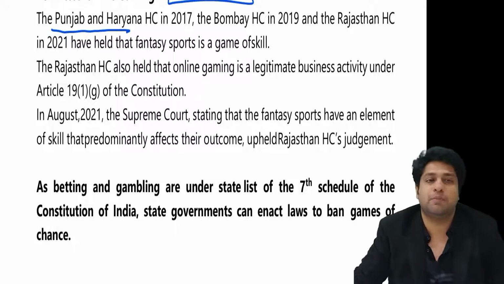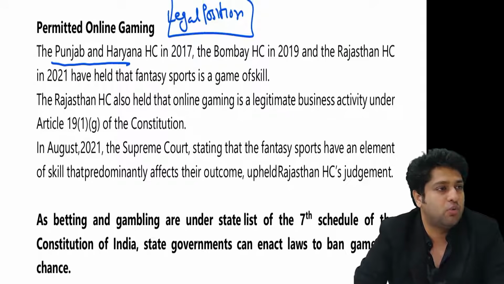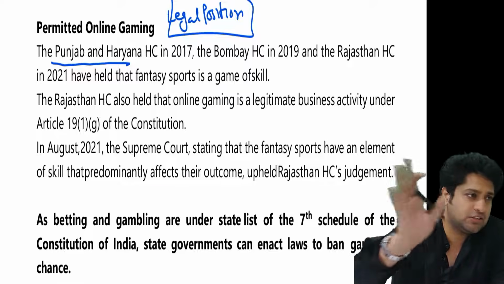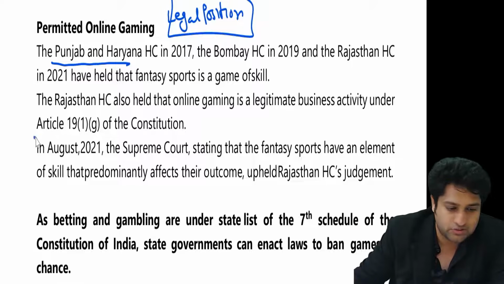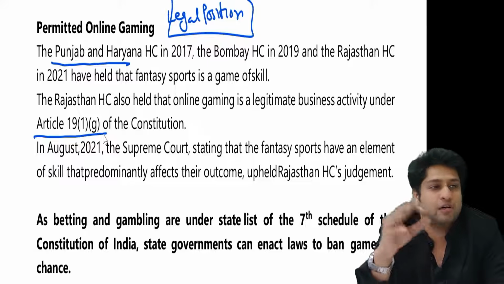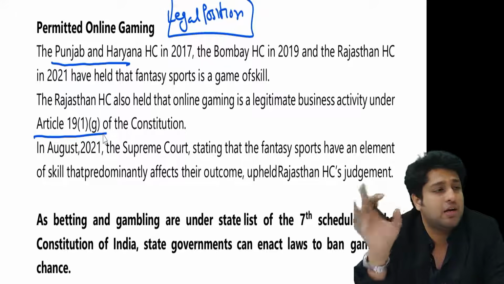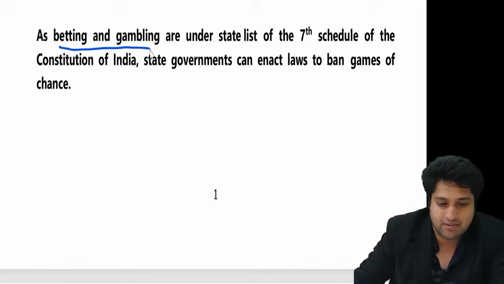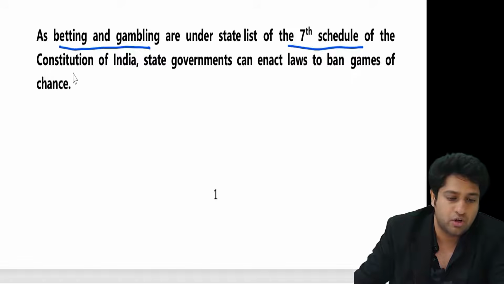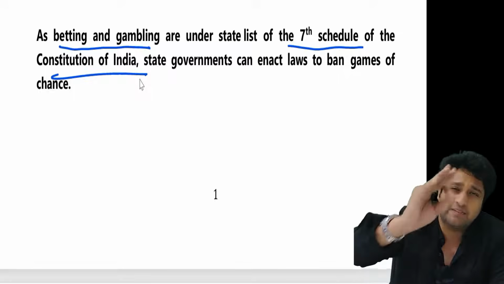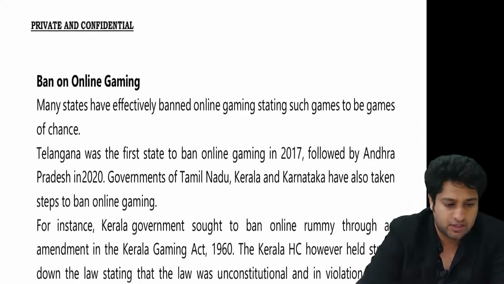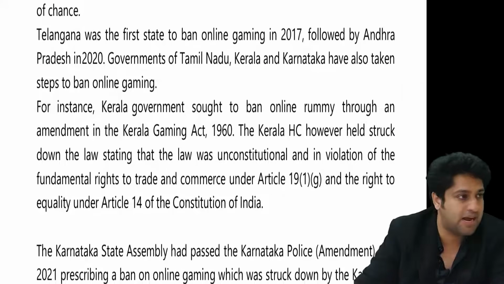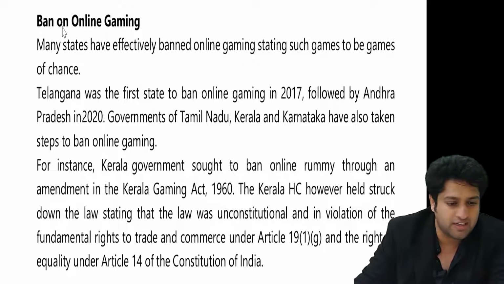The legal position, with the case laws. We have to research case laws. We have to see that nobody can stop you under Article 19(1)(g), and the Punjab and Haryana court has also said so, and betting and gambling come under the 7th Schedule of the Constitution of India. So deep study goes into that. Then comes the ban on online gaming.